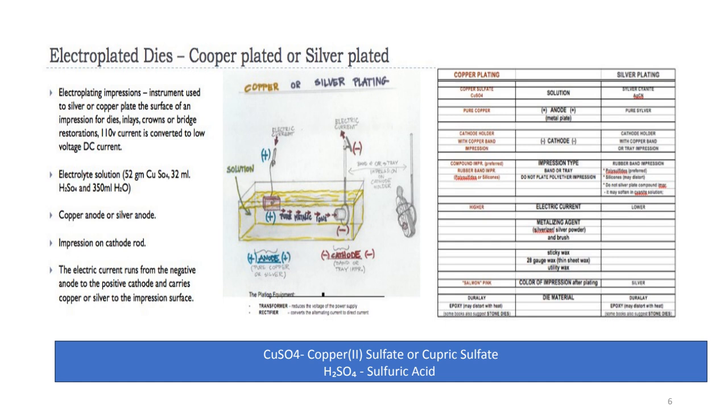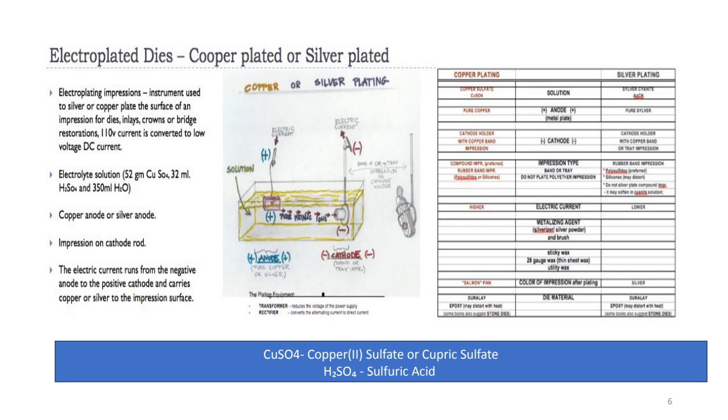The copper or silver anode is inserted on one side of the copper-plated setup, and then the cathode rod is also inserted.